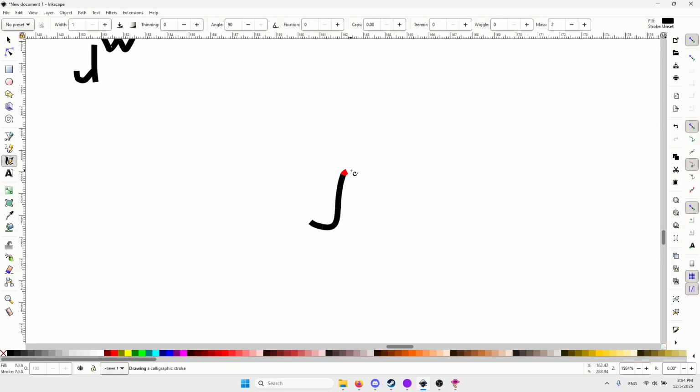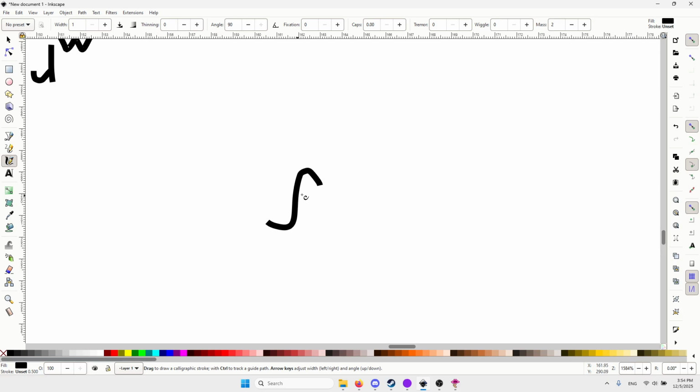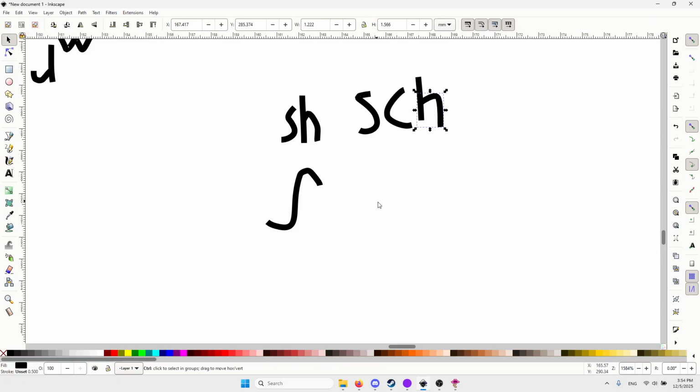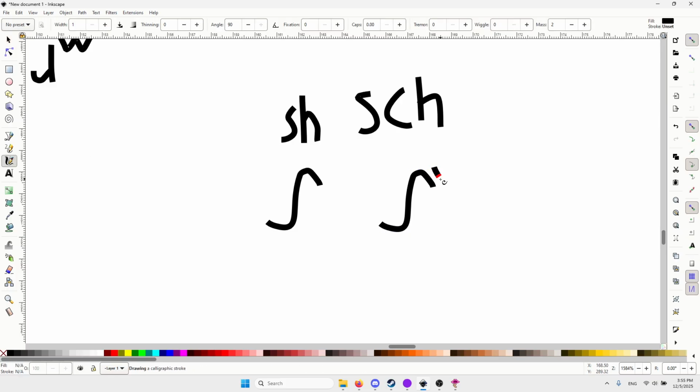Another thing is German has sha, which we write sh, but in German it's sch. But in German, it's not pronounced the same as in English. In German, it actually is pronounced like this.